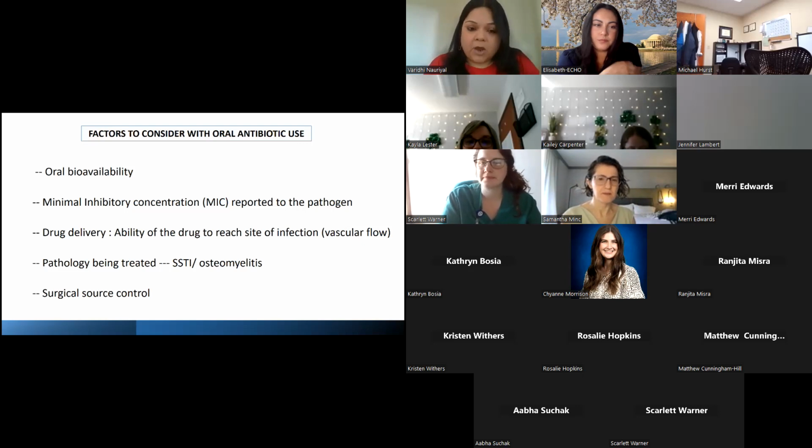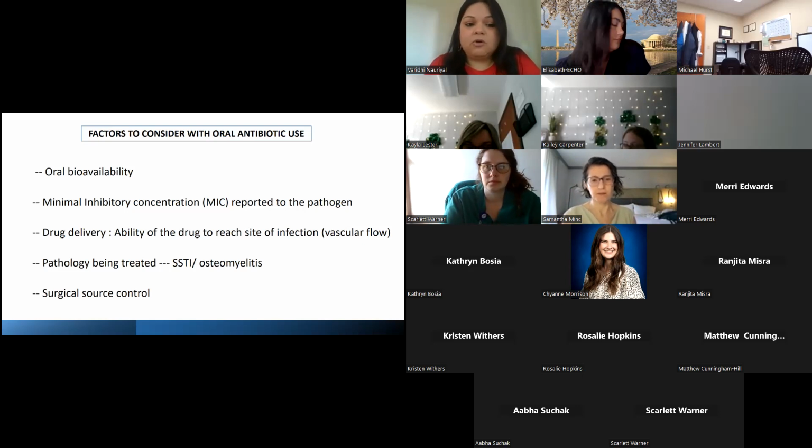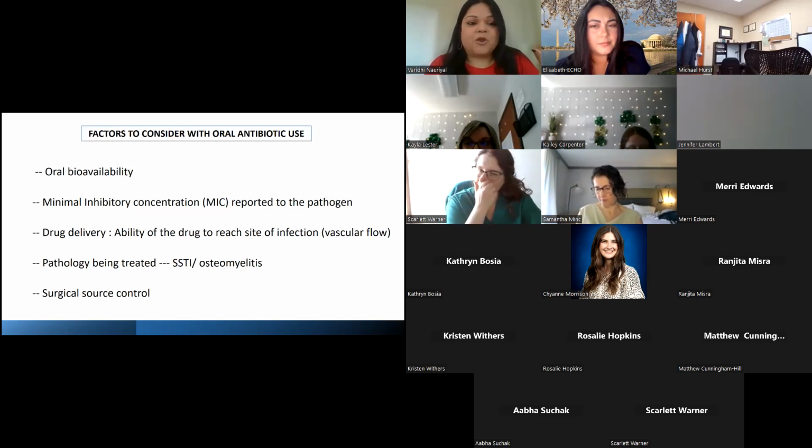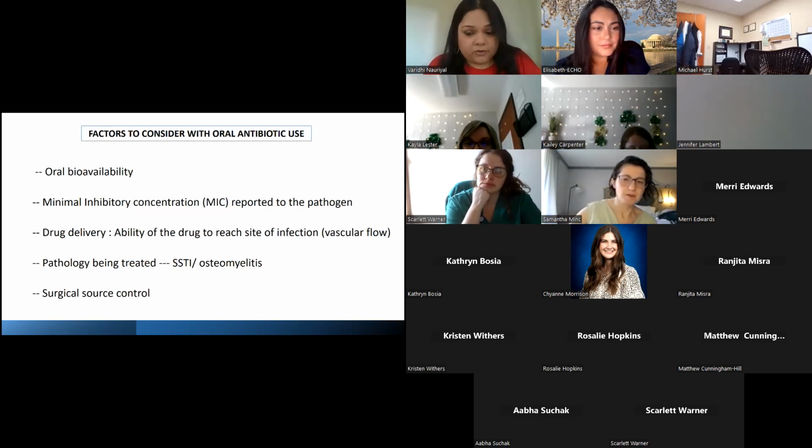So it's bioavailability, MIC, and then what are we trying to treat? Where does this drug need to go? Does it need to reach the skin? Does it need to reach the bone? That makes the whole difference. Because for skin, you don't need that much drug concentration to get there. But for bone, which is way harder to treat and much longer to treat, you need a lot more drug concentration to get there.